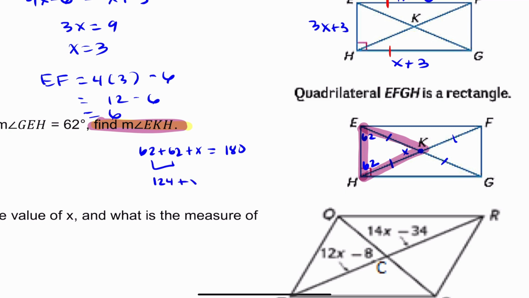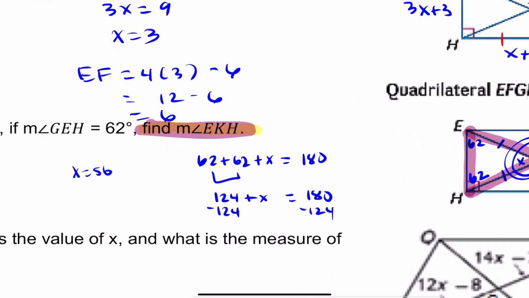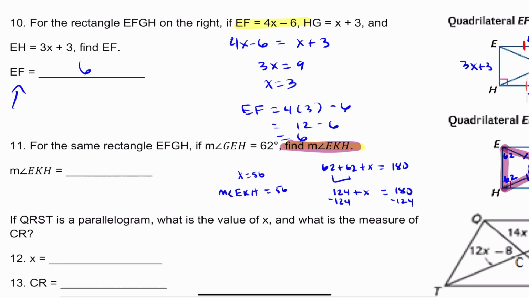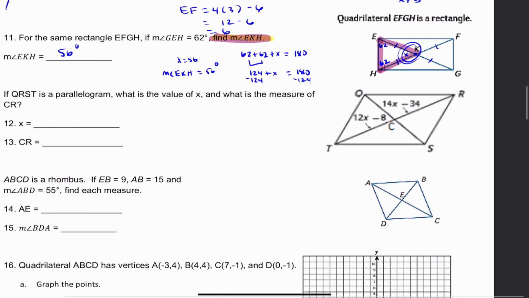Then I bring down the x, and I set that equal to 180 minus 124 on both sides, so that's going to give me 56. So x is equal to 56, and that same x is the measure of angle EKH, which is 56 degrees.